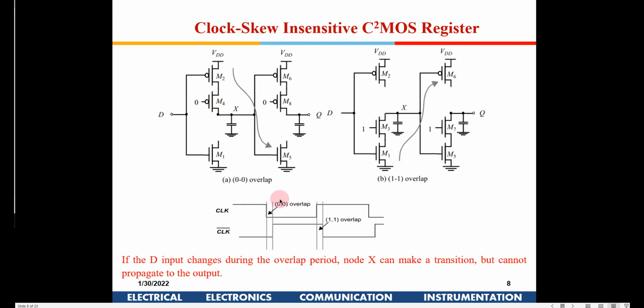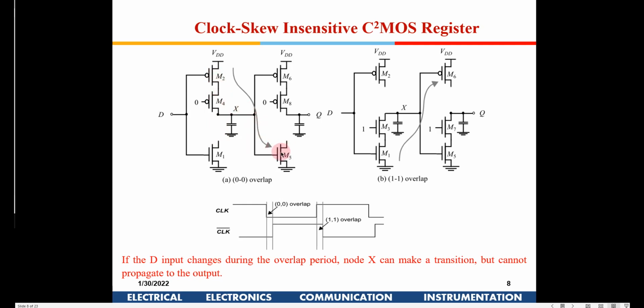Let's take up the first condition, where you have the clock at 0 here, and the clock bar also 0. So when the clock is 0, this transistor will be off out here, and this transistor will be on.